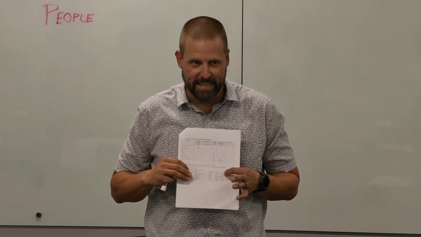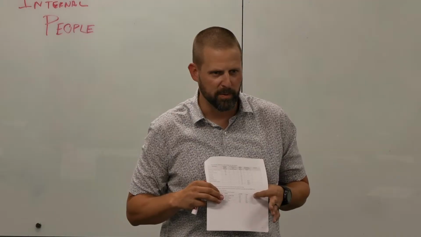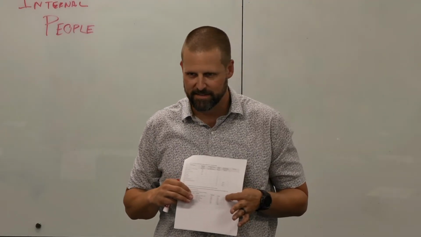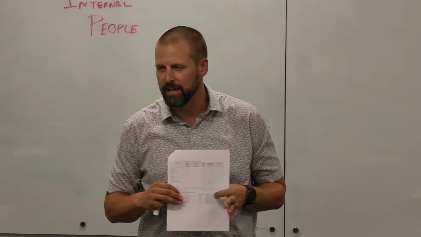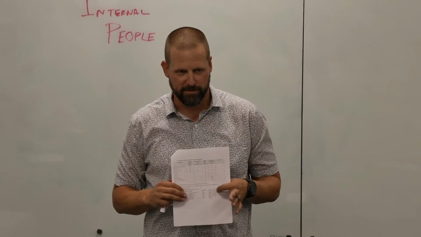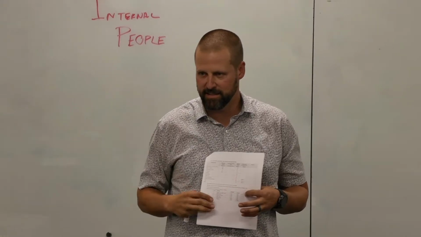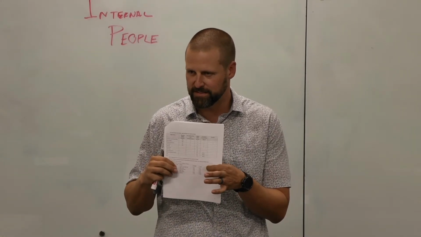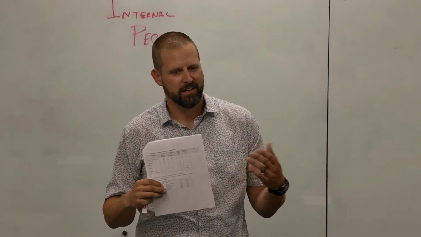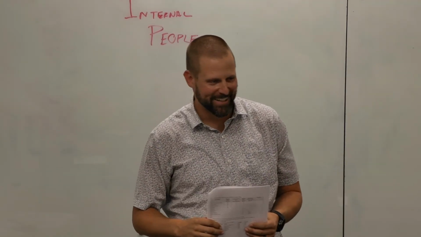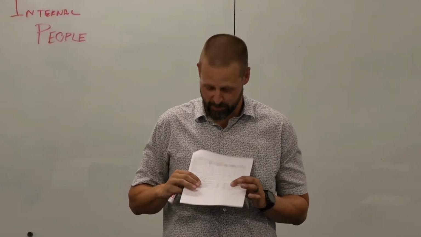ASHRAE is full of people that think about these things and test these things and have given us a literary source that we can reference and design off of and say, hey, we're following industry standard. So that's what this comes from. This is an ASHRAE table from somewhere. I don't know where, but it's referenced a lot when we talk about people.